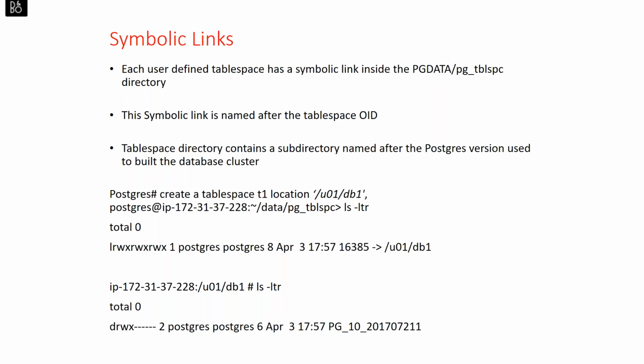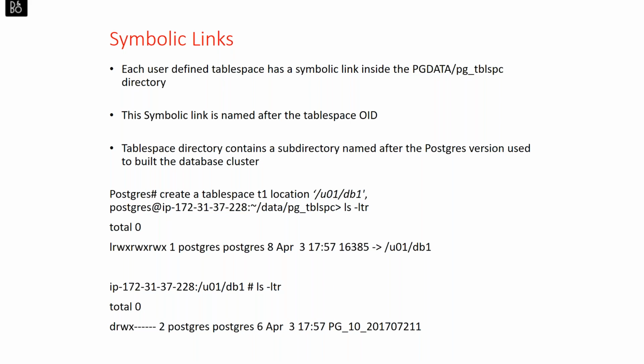As a DBA, we should know what this directory does, but we need not worry about it, because we are not going to create any symbolic link here. Automatically, when we create a table space, a link is created from the data directory to that particular directory where the table space is created. So we need not take any actions about this.